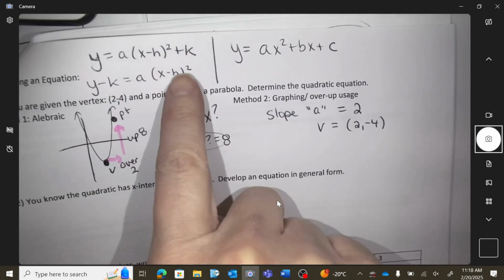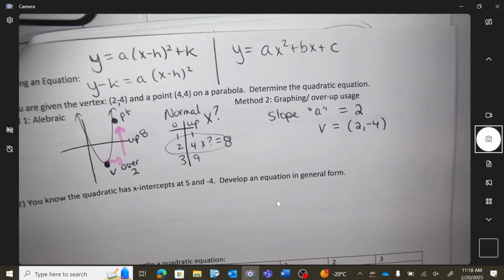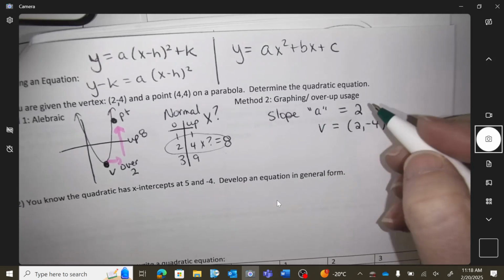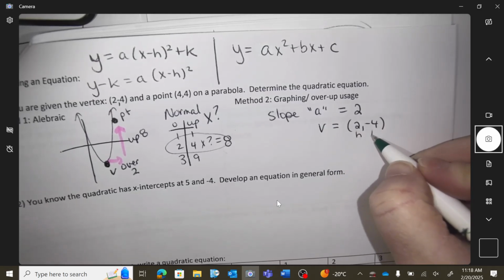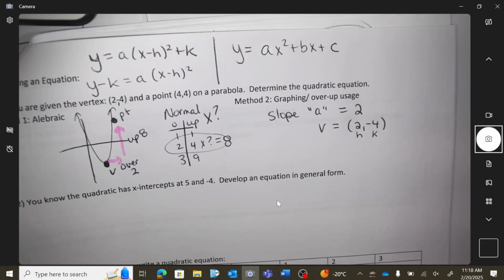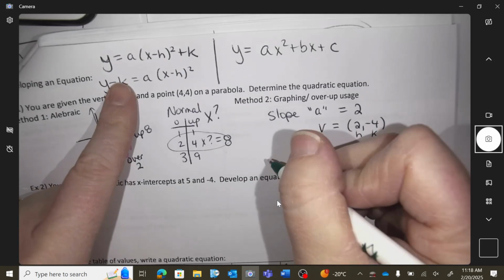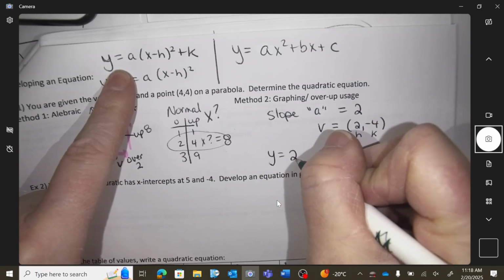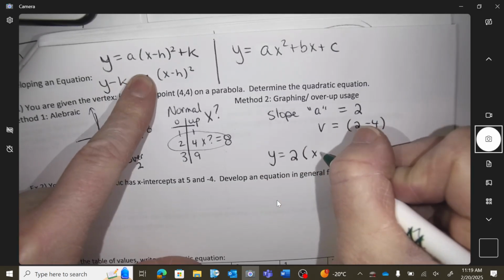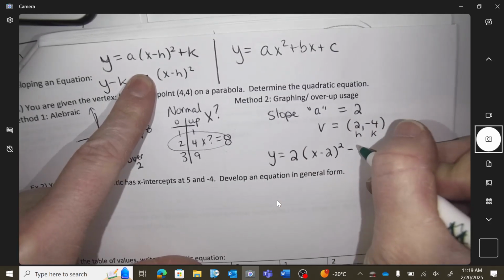Doesn't matter, these are the same. So you have to plug your vertex in and your slope in. Do you remember your vertex is the h number and the k number, right? And when you write equations, your y and your x parts always have to stay as y's and x's because that's the function. So you could have done y equals 2(x minus 2) squared minus 4.